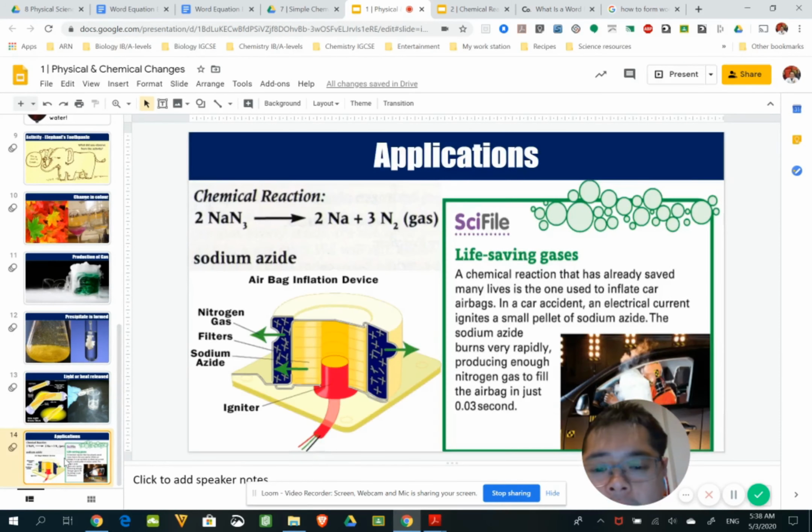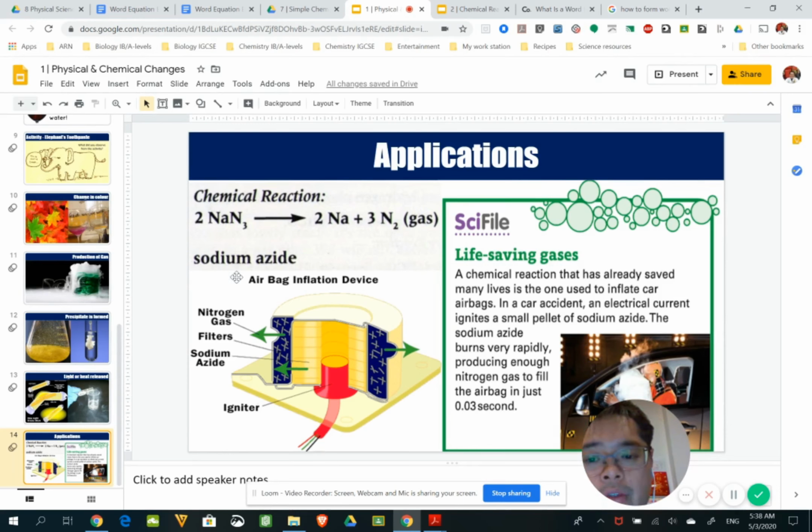And this is one example of a chemical change. This is found in airbags, car airbags. Inside there, substances will react, and you will eventually form this part of the airbag in cars.